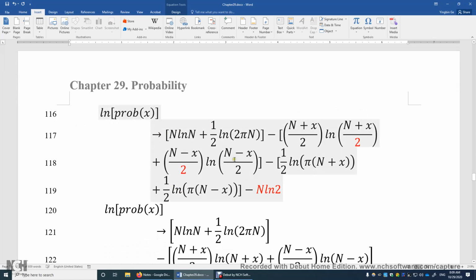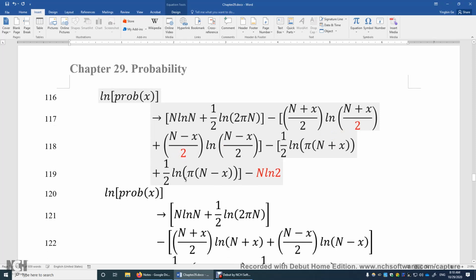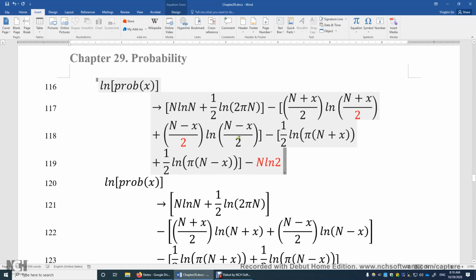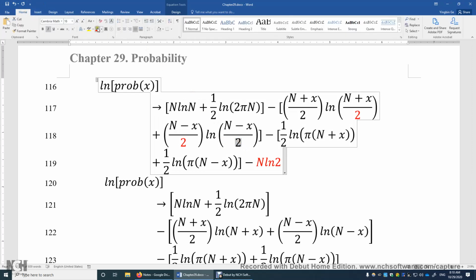So over here, we're going to just look at this bottom term. It's actually minus n plus x over 2 times ln 0.5. Over here, this is minus... I think I highlighted the wrong term, so this should be highlighted, and this should be black.